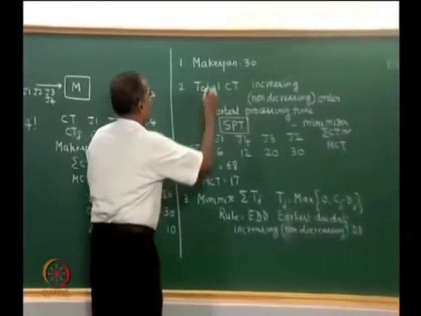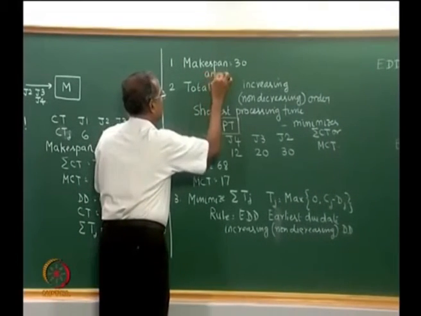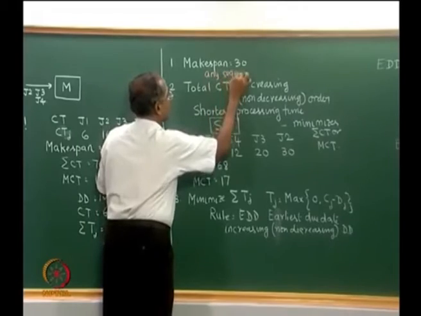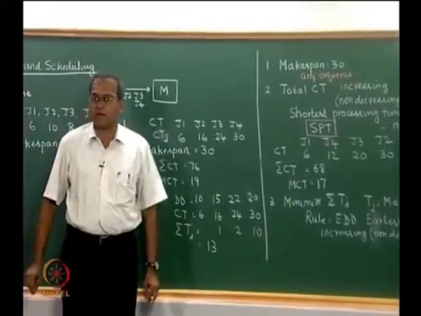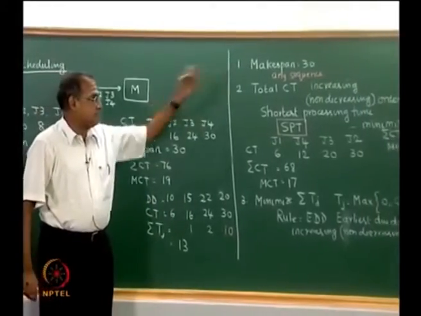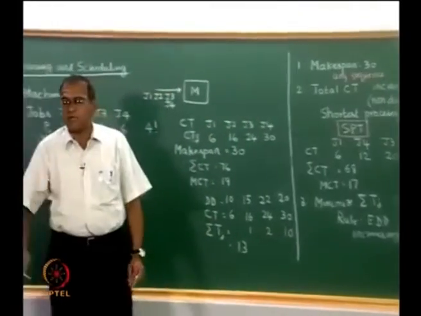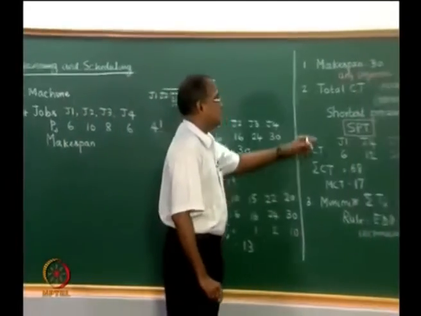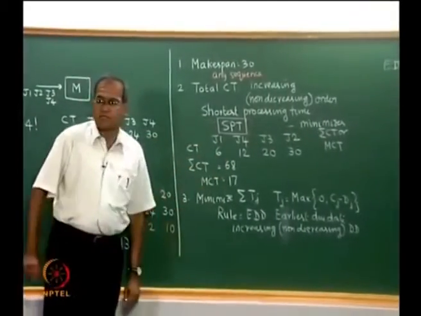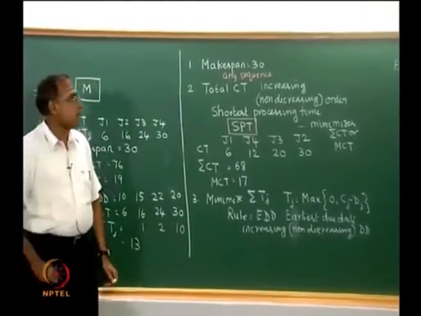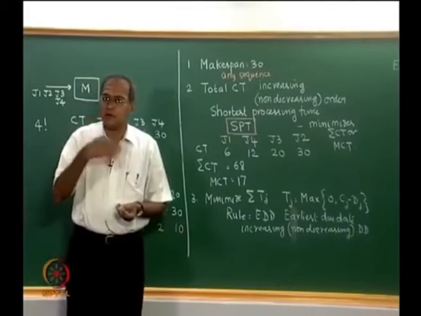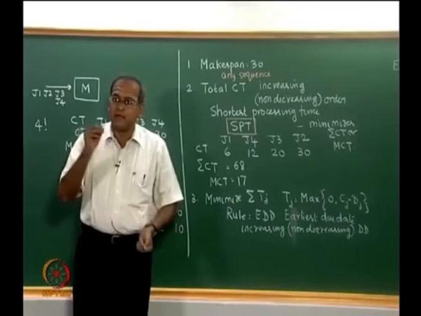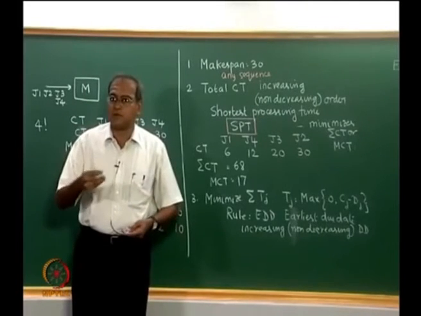So, I could write here that every one of the sequences is optimal, which will give us a makespan of 30. As far as minimizing the sum of completion times, the shortest processing time rule minimizes it. Earliest due date rule tries to minimize the total tardiness, but it need not give us the optimum solution always.